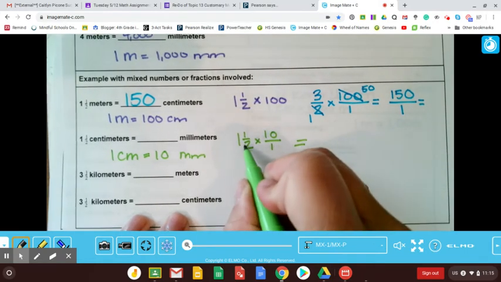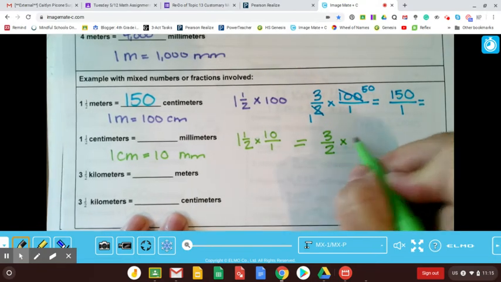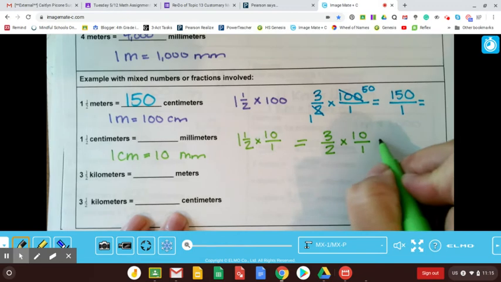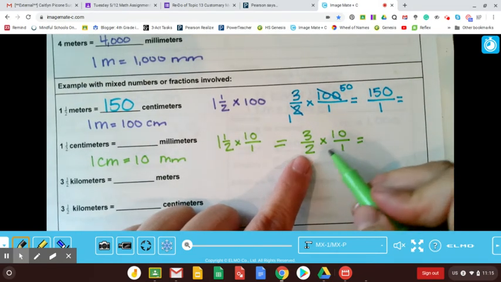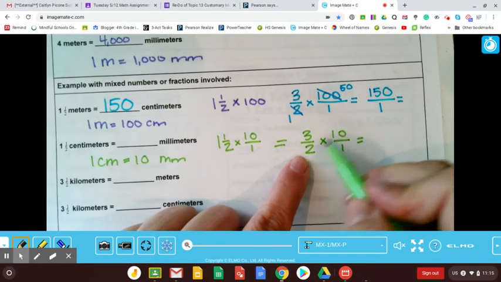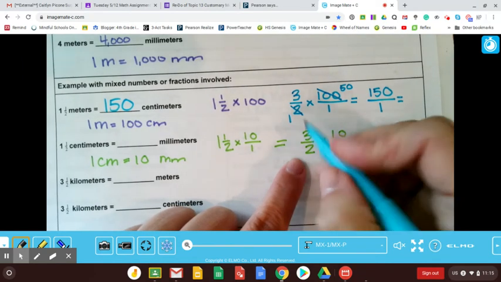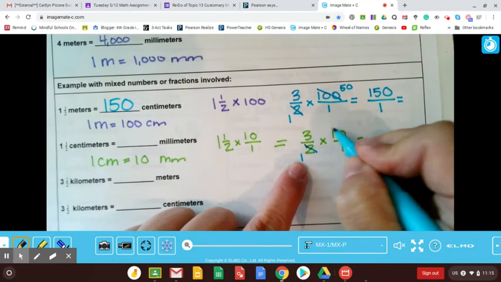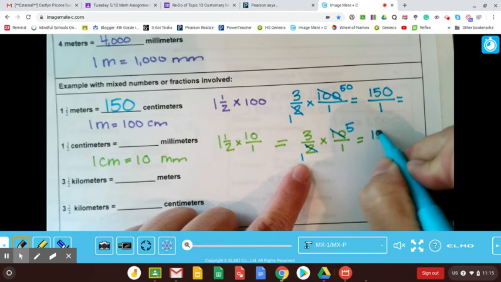And let's see, 2 times 1 is 2 plus 1, so it's 3 halves times 10 over 1. Can I cross cancel? I can here. Can I do anything there? No. So how does that look? We'll divide both by 2. And 3 times 5 is 15.